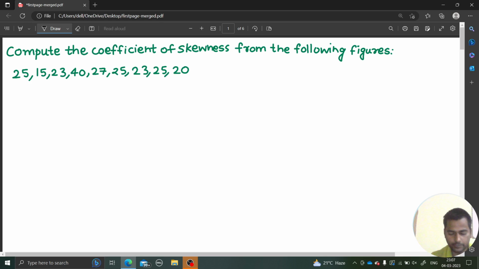So today we are going to learn how we can find the coefficient of skewness from an ungrouped data.